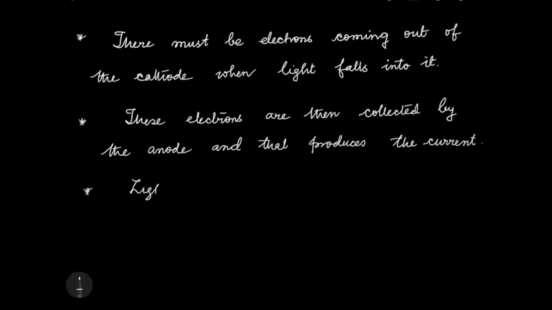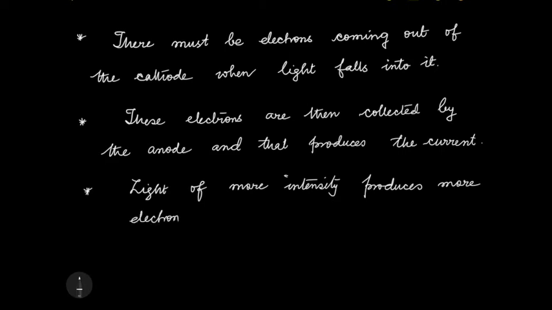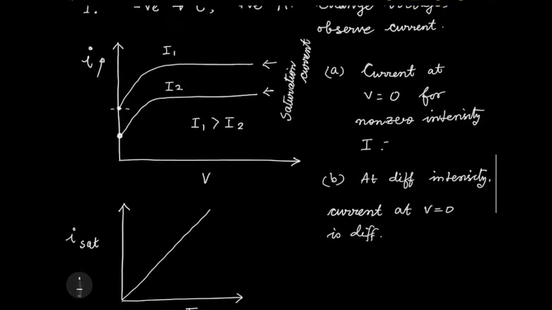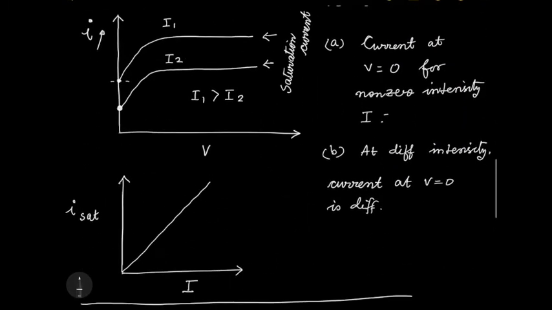Light of more intensity produces more electrons. So that is why the saturation current is different for different intensity.